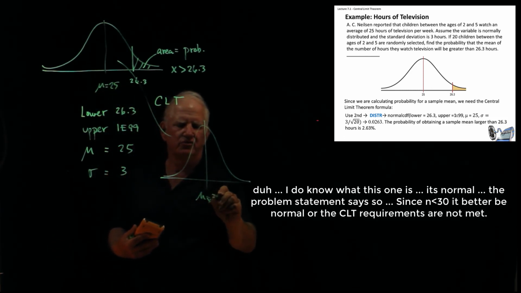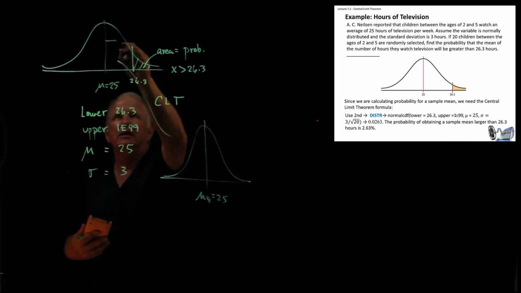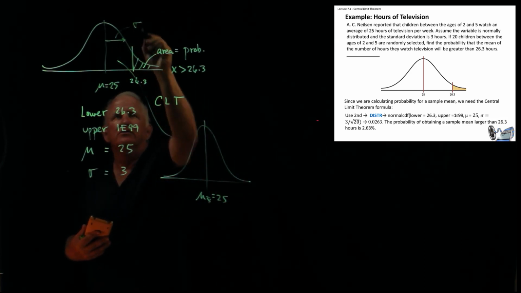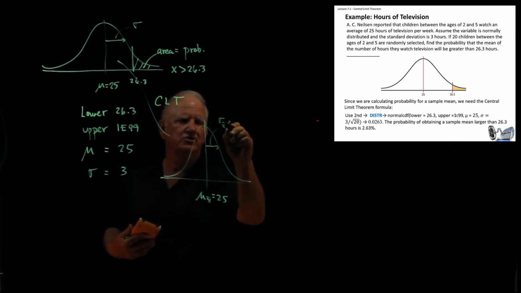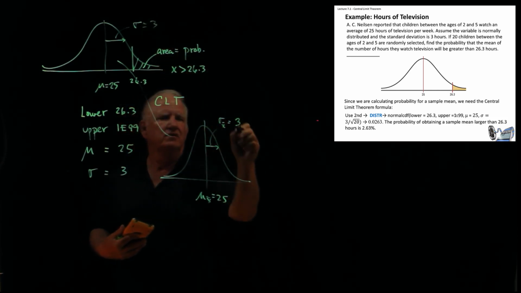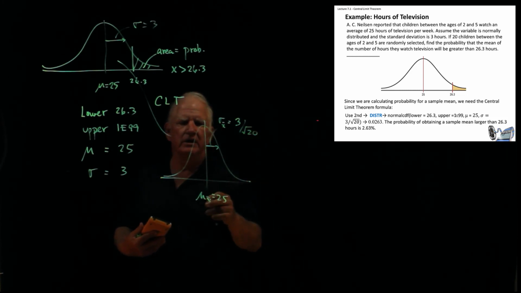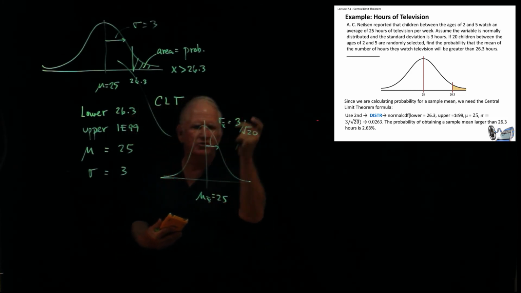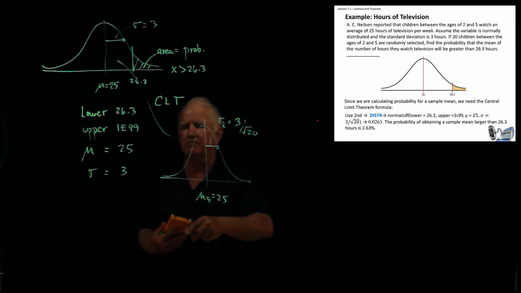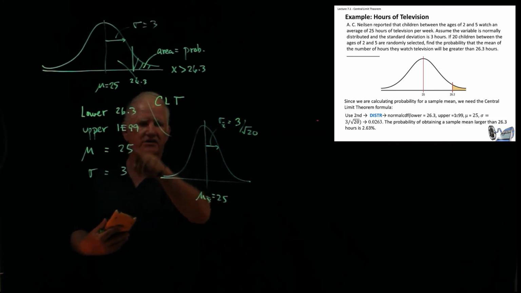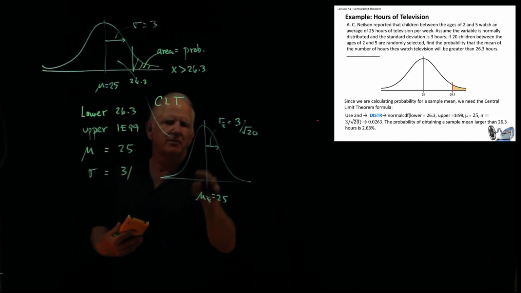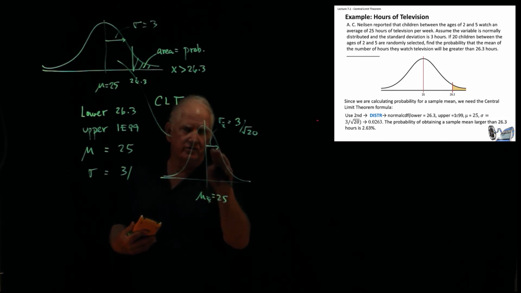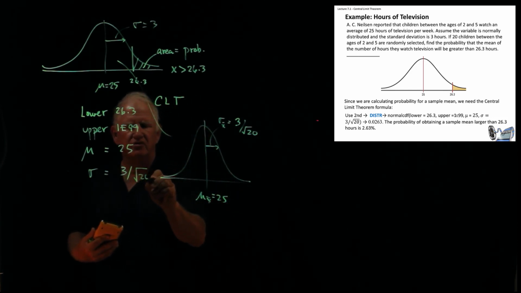Mu sub x bar equals 25, and it has a standard deviation related to the standard deviation of the original population, equal to 3 divided by the square root of 20. Okay, so this is the distribution for samples of 20 children, and that's what was asked for. So we can do exactly what we're doing here, but let's make sure that we're working with the sampling distribution, the distribution of the sample means. Got to put square root of 20 in there.